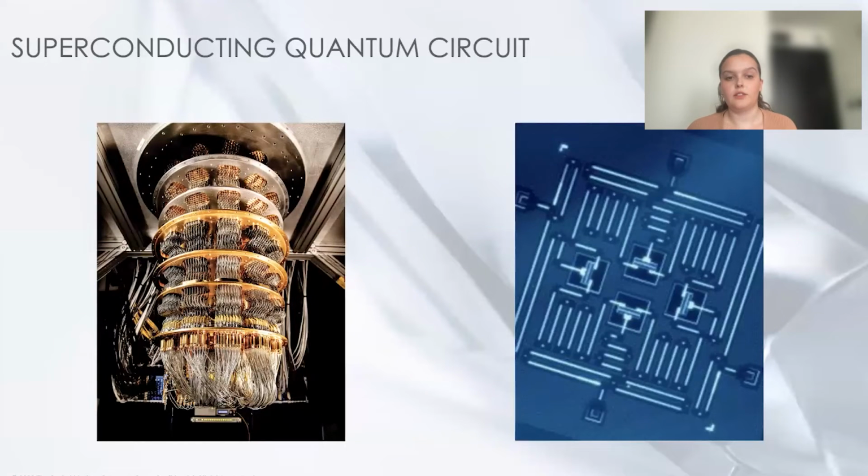Most of these wires are not actually, well, okay, a lot are used for readout and the microwave pulses that we apply, but the size of the quantum computer is mainly to keep the qubit and the circuits cold. So we have these huge pieces of machinery, which are used to keep the qubits at less than 1 Kelvin, so extremely, extremely cold.